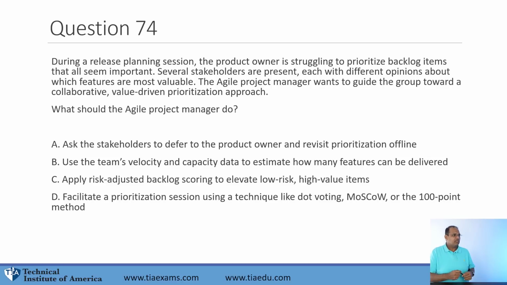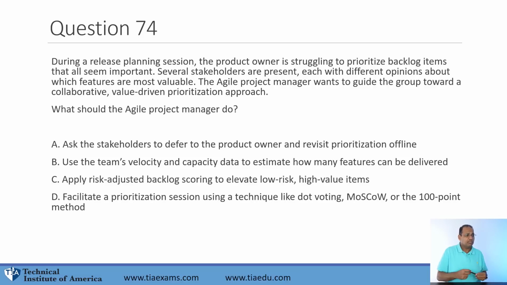Question. During a release planning session, the product owner is struggling to prioritize the product backlog items that all seem important. Several stakeholders are present, each with different opinions about which features are most valuable. The Agile project manager wants to guide the group towards a collaborative, value-driven prioritization approach. What should the project manager do?